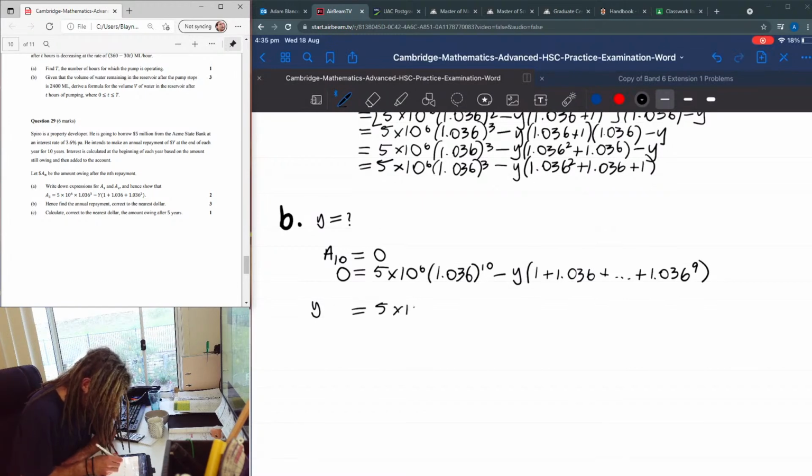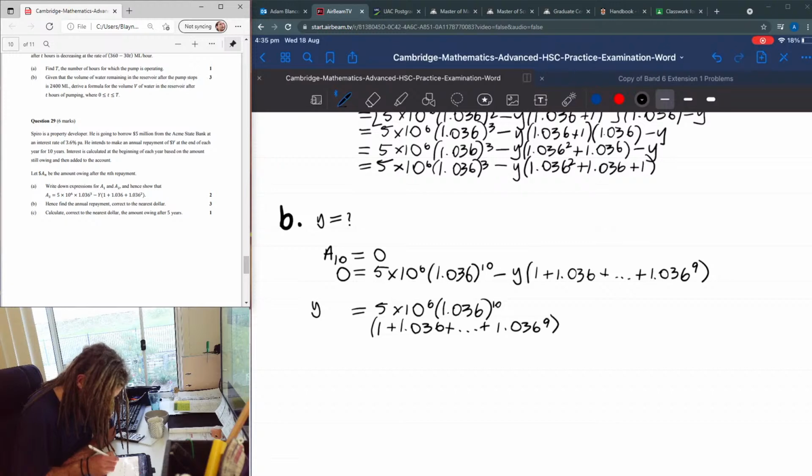5 times 10 to the 6, 1.036 to the 10. And then all of that junk goes underneath. So 1 plus 1.036 plus blah blah blah plus 1.036 to the 9. Okay. Alright. Now this thing down here, that's a geometric sequence.